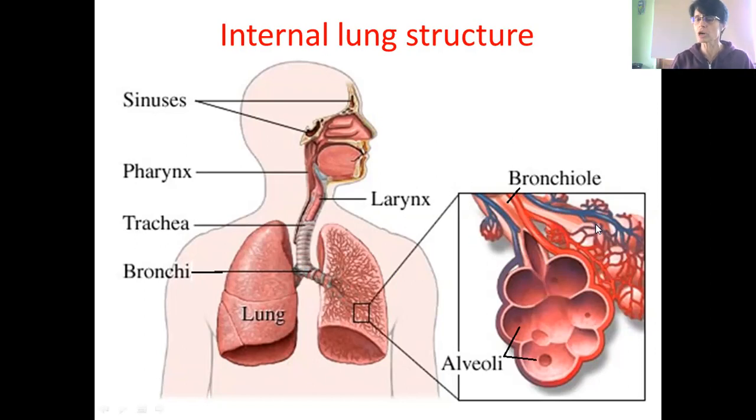And then at the end of those bronchioles, they've actually got fancy names. We just say bronchioles. You can see here that there are bunches of air sacs, little bunches of air sacs called alveoli. So it looks like a bunch of grapes. And then around each bunch, and there's going to be air sacs everywhere here, hundreds of thousands of air sacs.